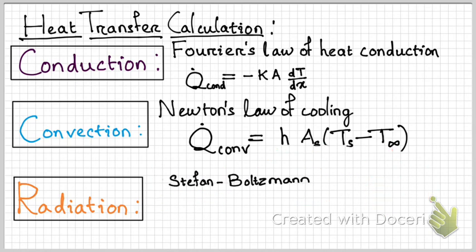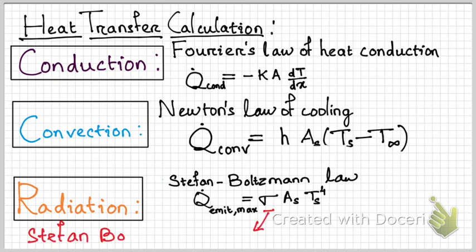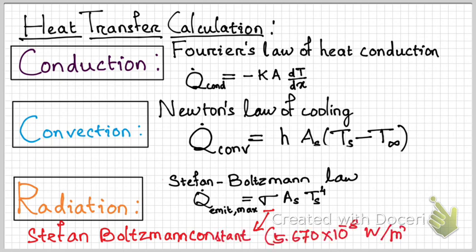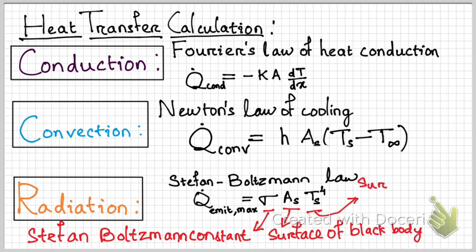Radiation is governed by the Stefan-Boltzmann law, where sigma is the Stefan-Boltzmann constant, which has a fixed value, As is the surface area of the black body, and Ts is the surface temperature.